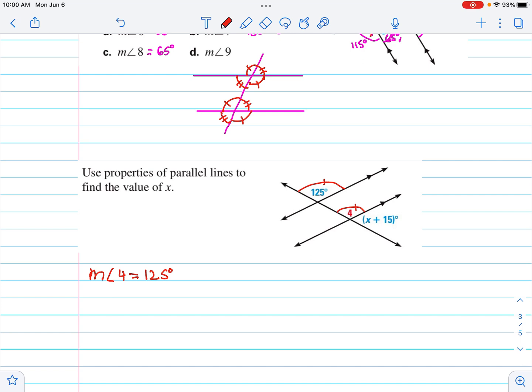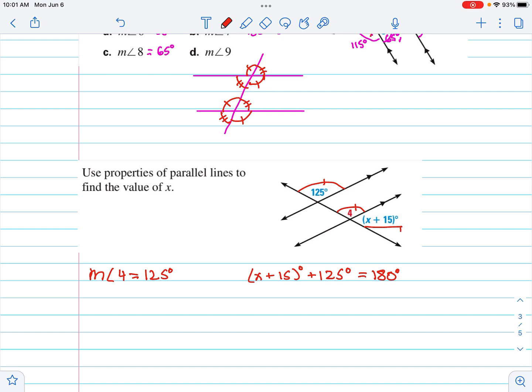Now, we also know this. We know that angle 4 and this other angle down here, x plus 15 degrees, plus 125 degrees equals 180. And the reason we know that is because they're supplementary.